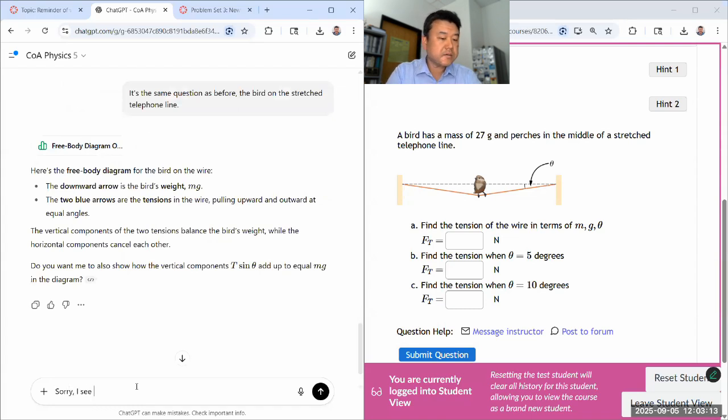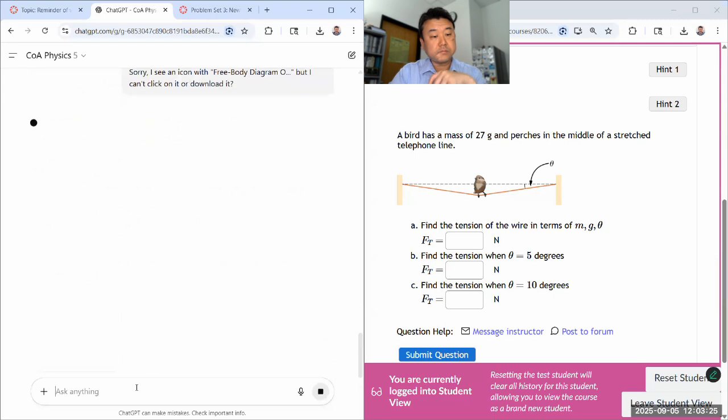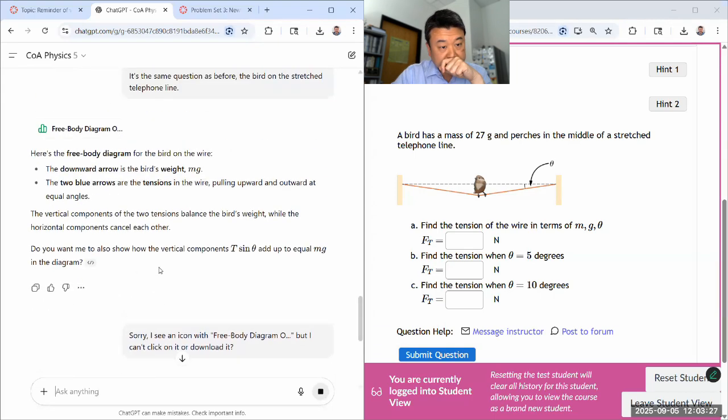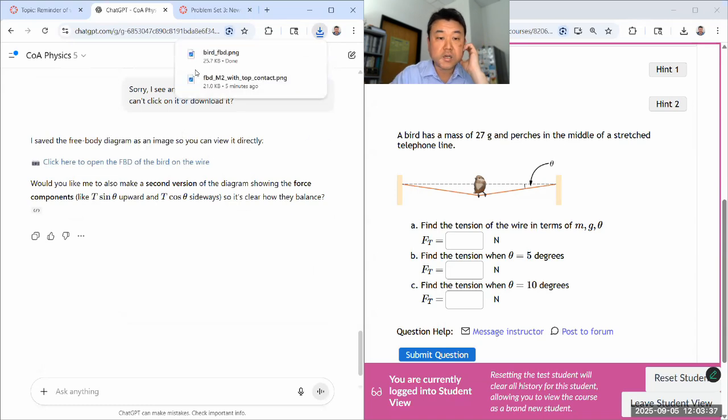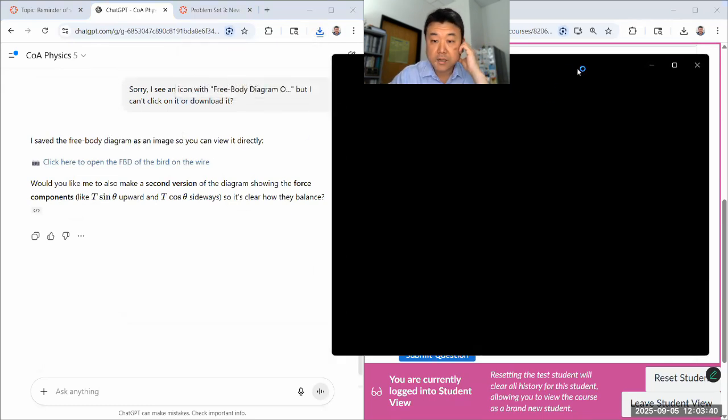Sorry, I see an icon with a free body diagram, but I can't click on it or download it. But the 5 thinking before did the exact same thing. It might be some bug that they have to work on, like either display the image in the chat or give it to me as a download link.